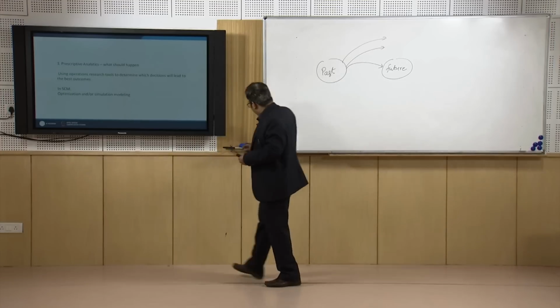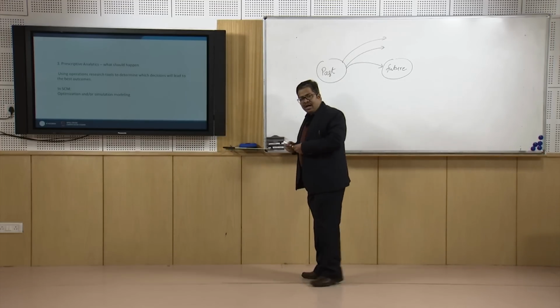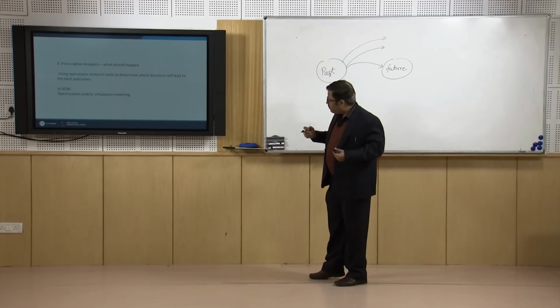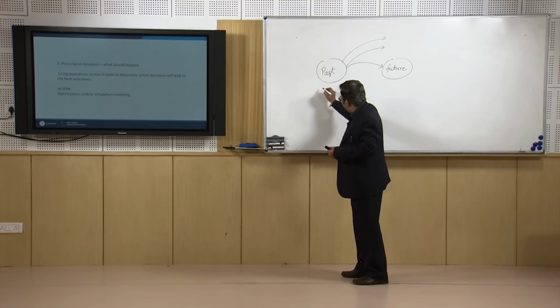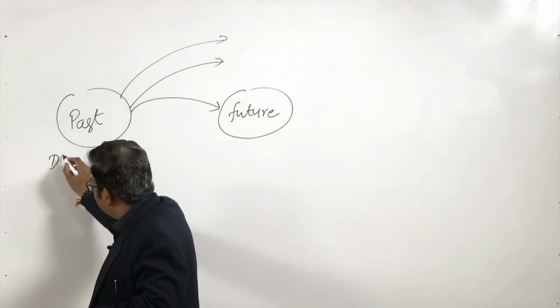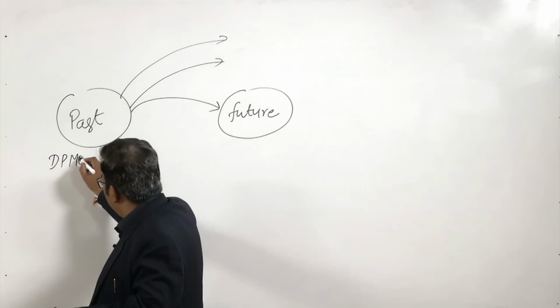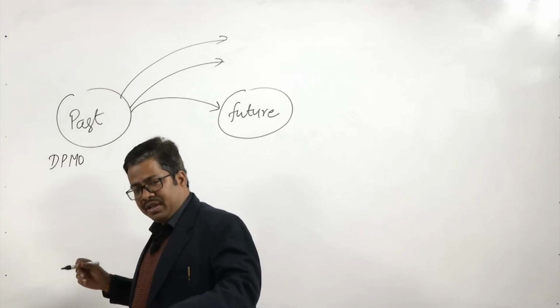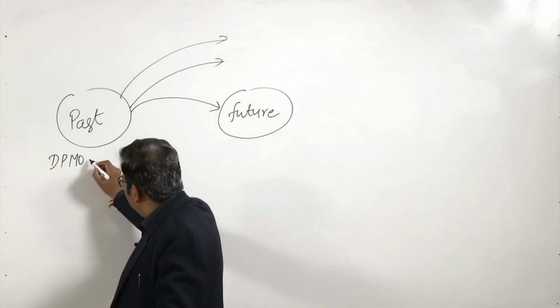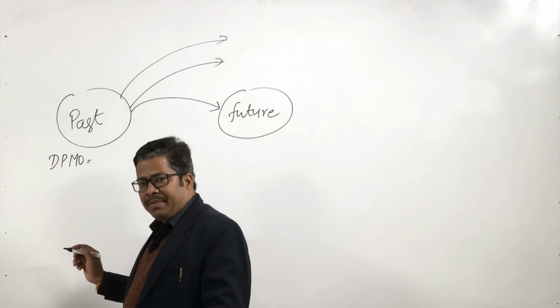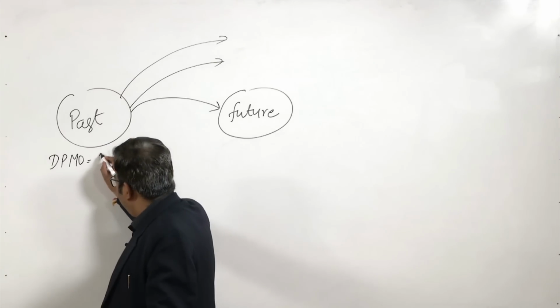Let us say in my supply chain I have defects per million opportunity, DPMO, as one parameter. The current level of DPMO in my supply chain is somewhere around 2000.